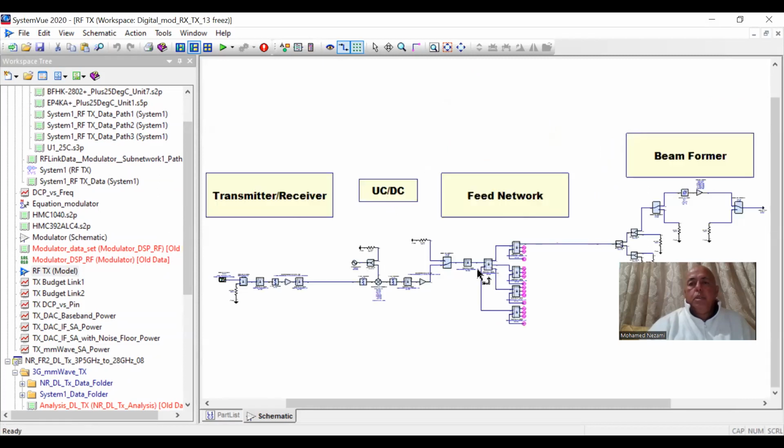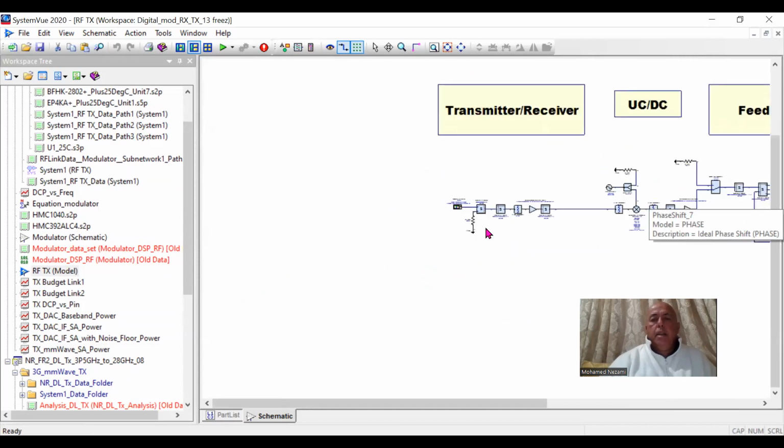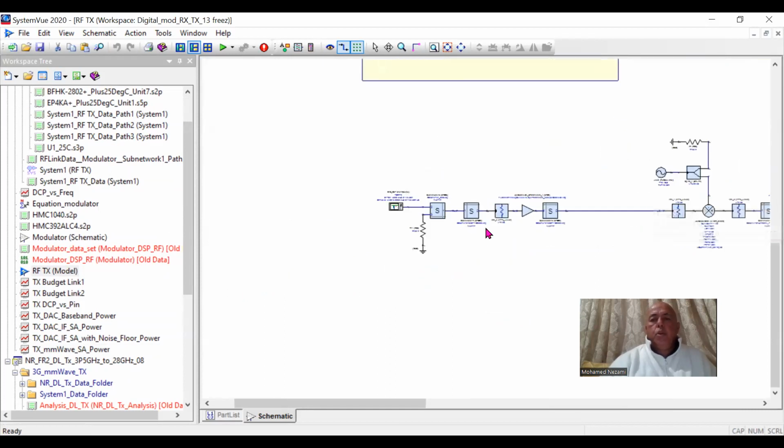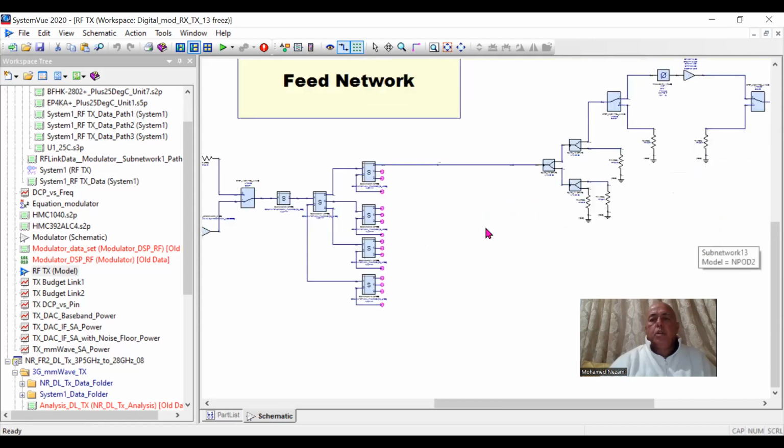And if you see in here, I removed the receive path. This is the system that I did last time, starting out from the DAC, where we have chosen a balun and then a filter, a fixed attenuator, an amplifier, a filter, and then an up converter section in here.